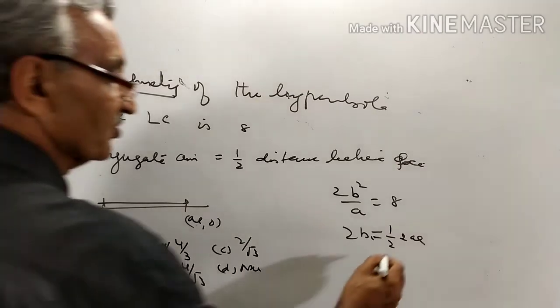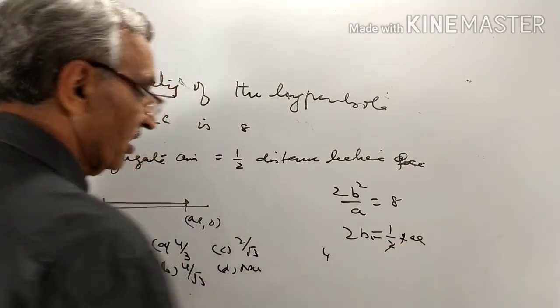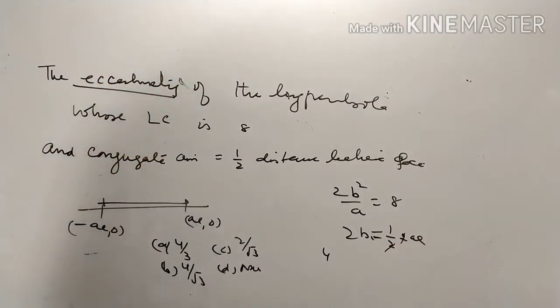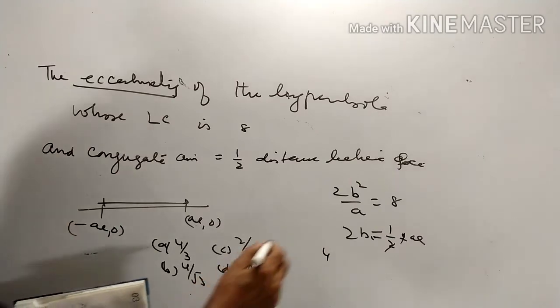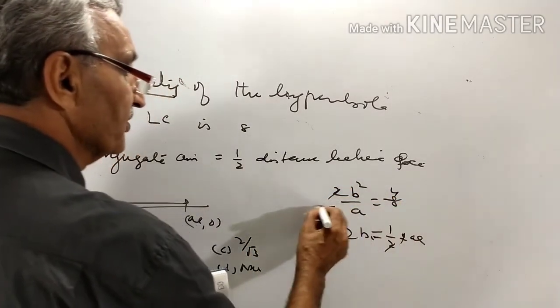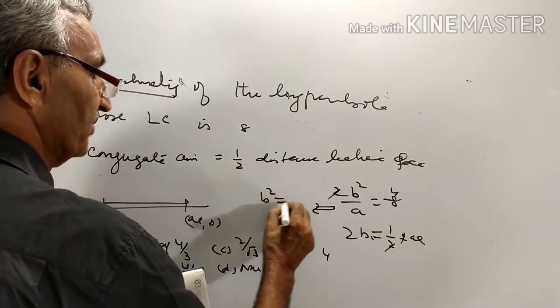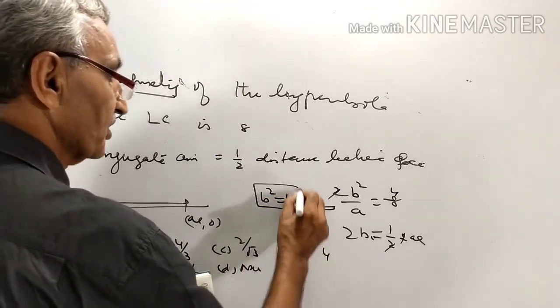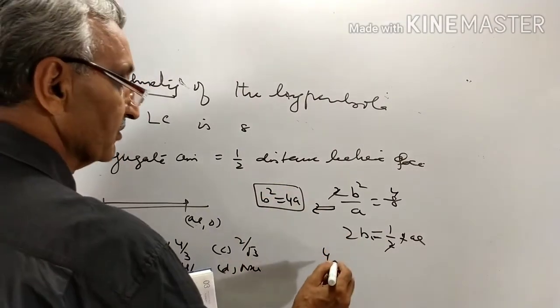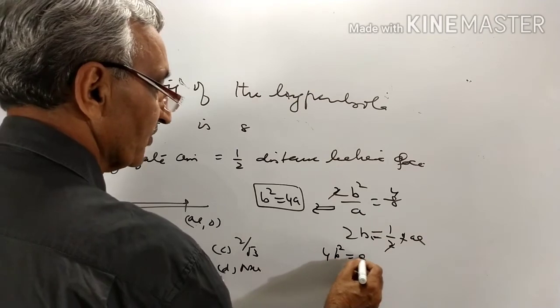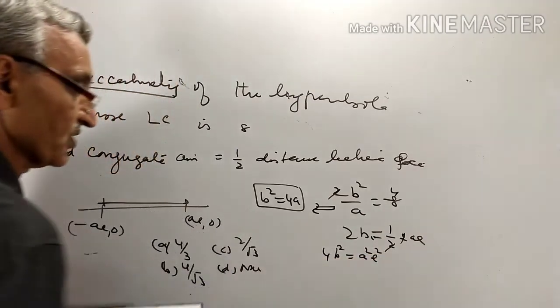Well, friend, I go with this 4. हमें सॉल्व करना है, तो हम क्या करेंगे? बी स्क्वायर इज इक्वल टू, यहाँ पर तो आ गया 4 कटा बी स्क्वायर इज इक्वल टू 4. एक तो बात ये दे रखी है, दूसरी बात दे रखी है 4b square is equal to a square e square.